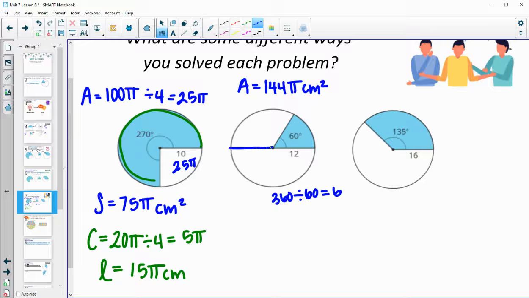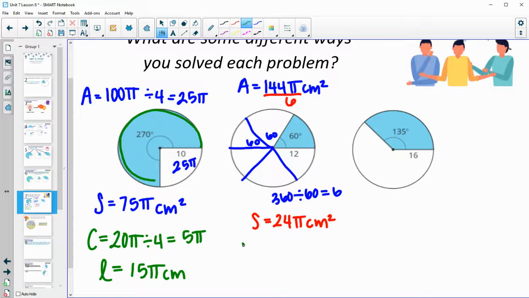So you got 6 equal slices. Then you could take this area and divide it by 6, and that would get you your sector area. So 144 divided into 6 equal chunks gives us 24 pi centimeters squared for that sector area.